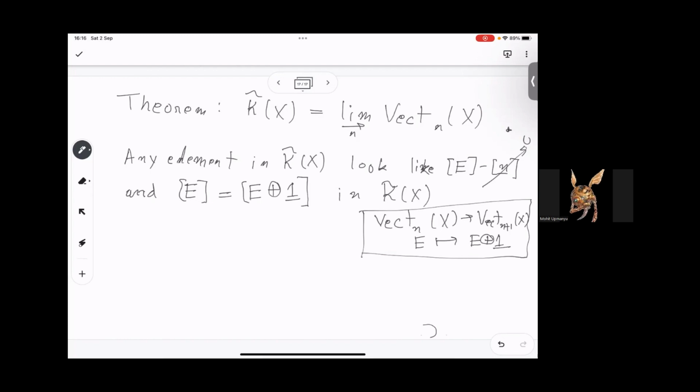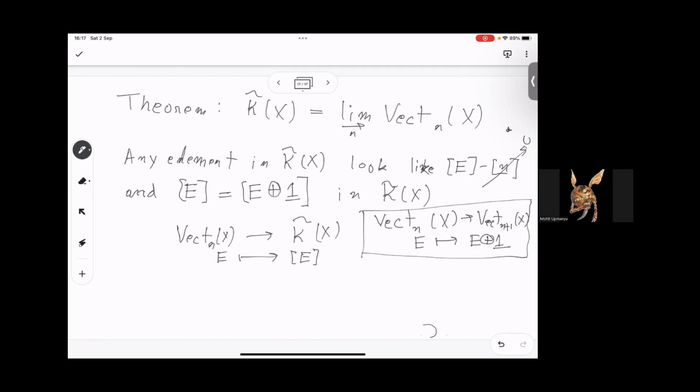So now what we see is we have a map from Vect_n X to K tilde X, namely E goes to the class of E. And we see that if we go from E to E direct sum 1 in n plus 1, it defines the same class.